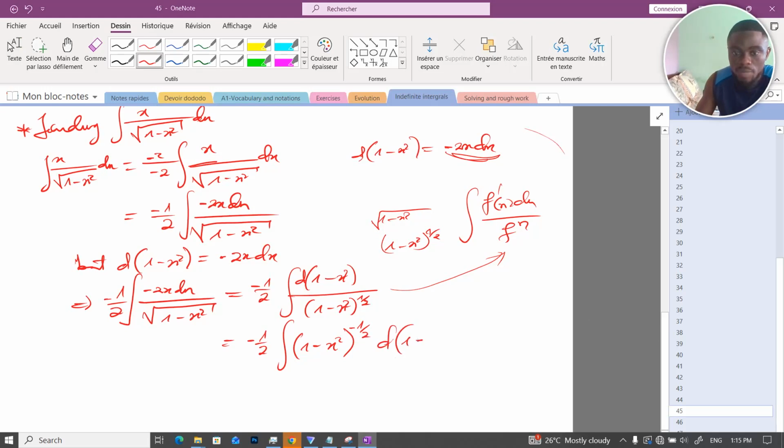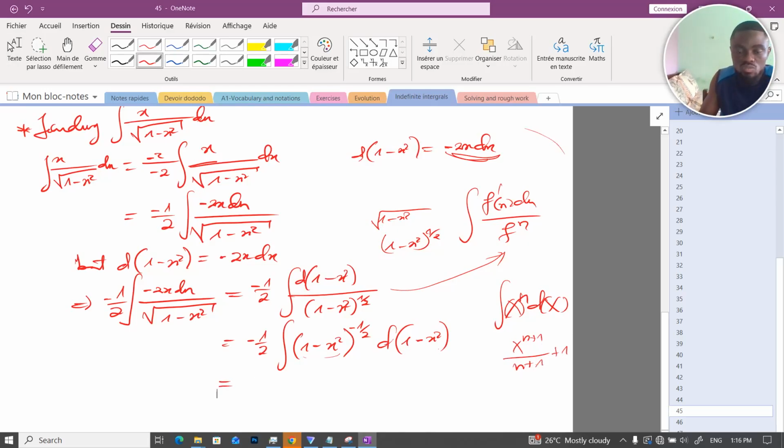If you look at this as a big X and this as a big X, because this is identical to this, it's like you are integrating big X to the n d of big X. And how do you integrate this? This is simply X to the n plus 1 all over n plus 1 plus a constant of integration.